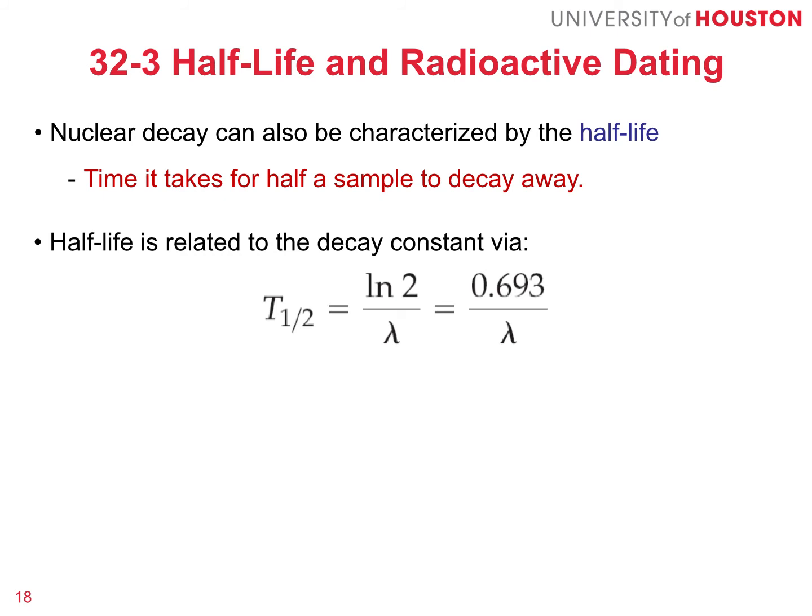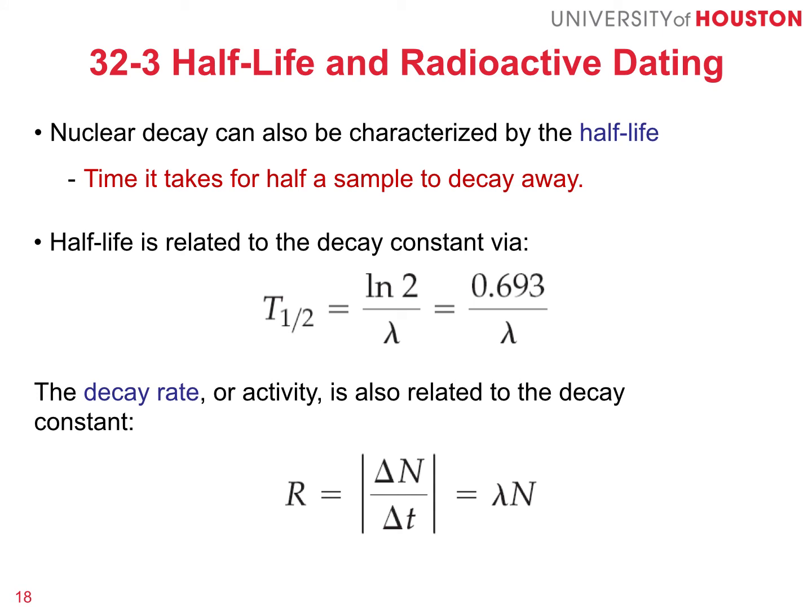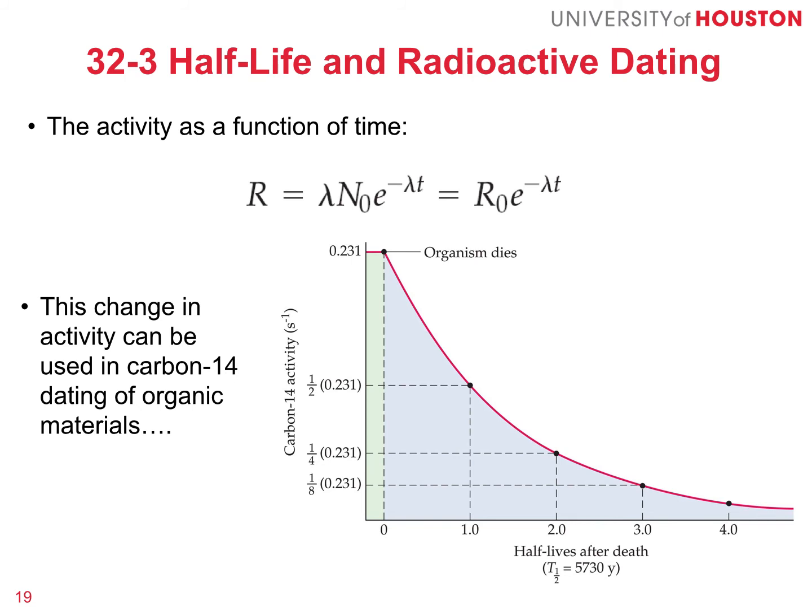The decay rate or activity, which is the number of decays per second, will equal, by definition, delta N over delta t, and this will equal lambda times N, which is the number of radioactive nuclei that haven't yet decayed. The activity as a function of time, R, will equal some initial activity, R0, times e to the power minus lambda t.